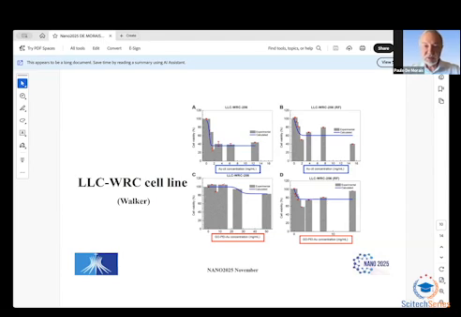On the lower panels, C and D, we have the cell viability response to the nanocomposite, which is the graphene oxide, the polymer, and the gold nanoparticles. On the left, panel C is without application of radiofrequency.